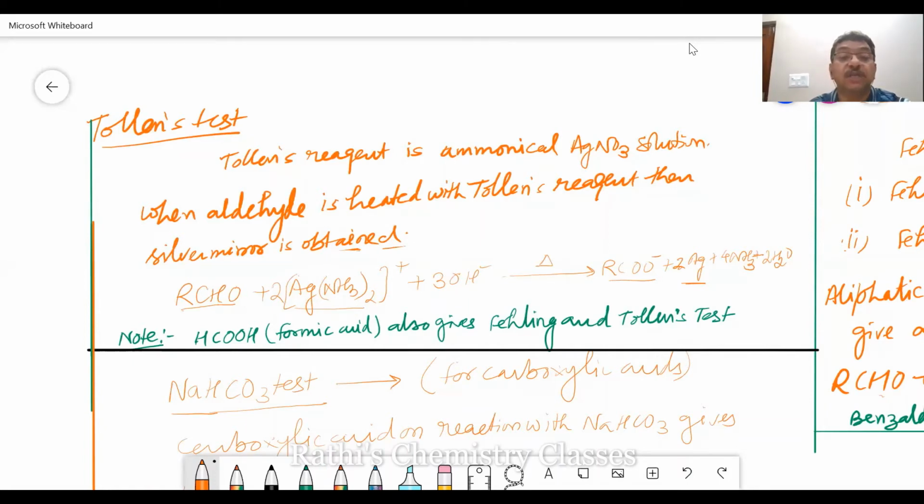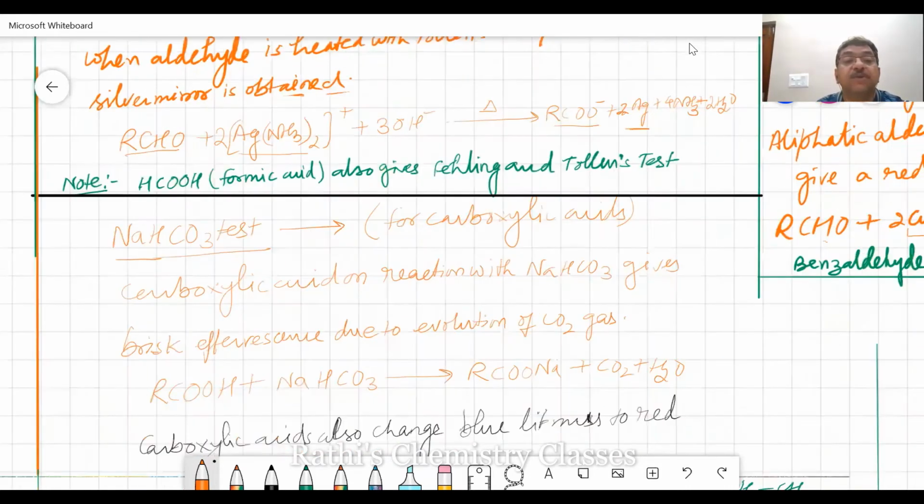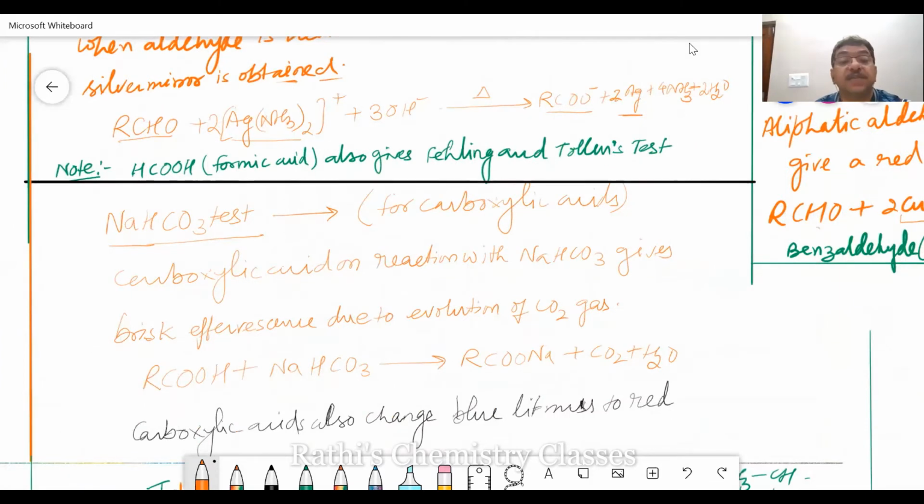There is no other compound except aldehyde or formic acid that gives the Fehling and Tollens tests. So whenever we have to distinguish formic acid from any other carboxylic acid, we use the Fehling and Tollens tests for that. Now, the sodium hydrogen carbonate test for carboxylic acid.